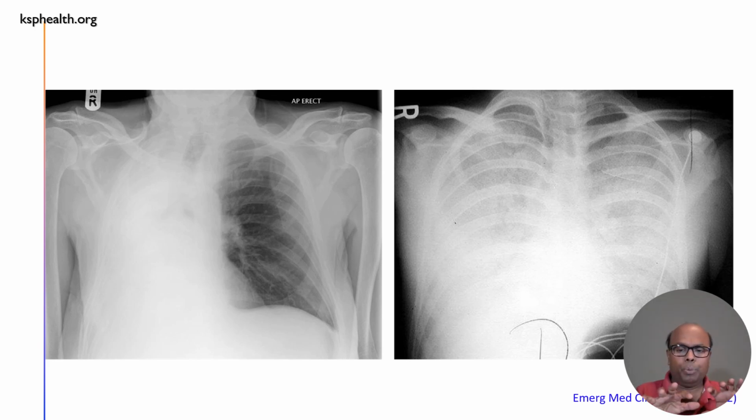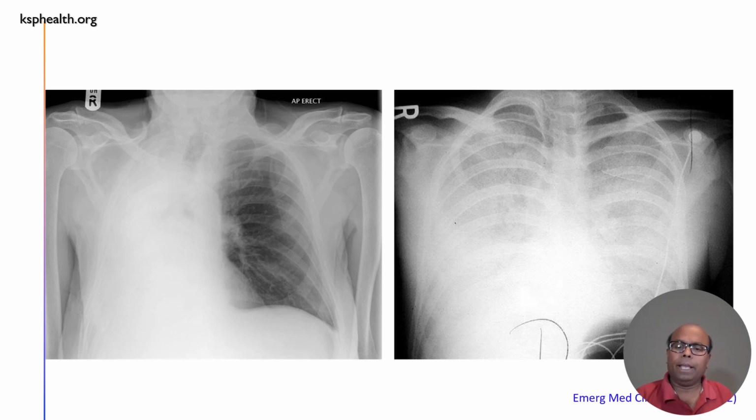The reason is APRV promotes hyperinflation of the lung. So the unaffected lung will be overinflated or disproportionately inflated. As a result, it can worsen the condition. So in these kinds of patients, we do not like to use APRV.